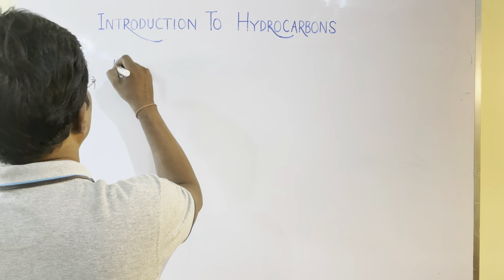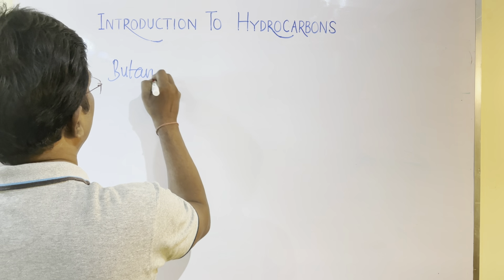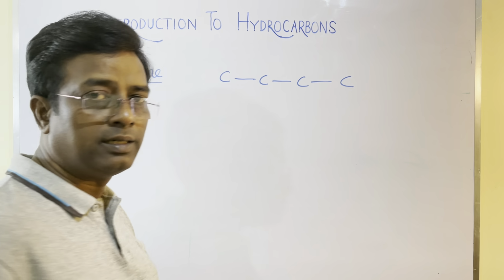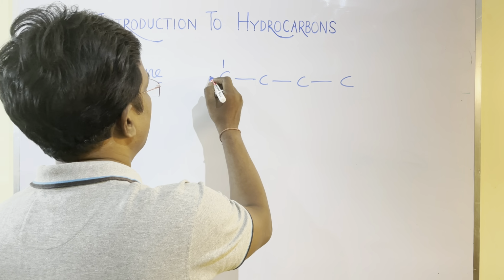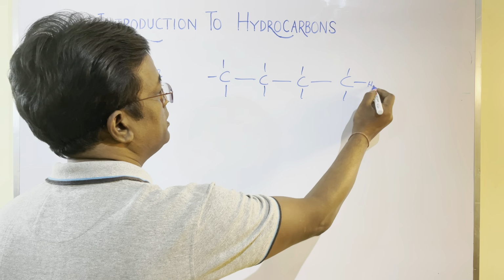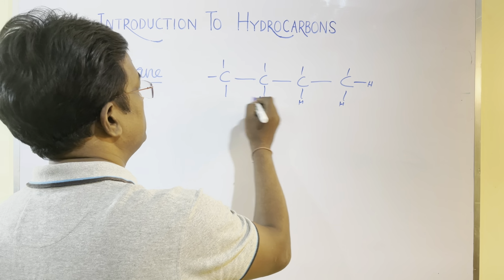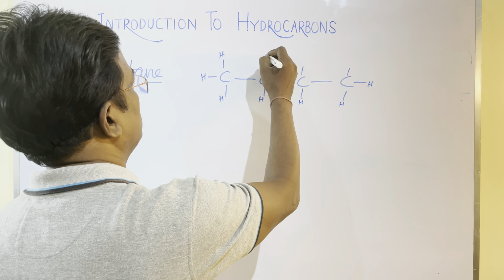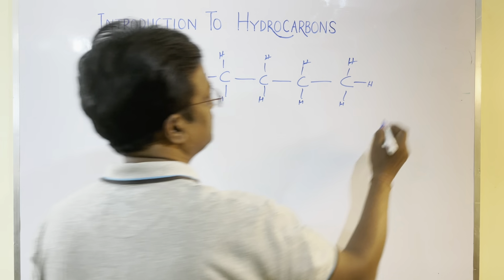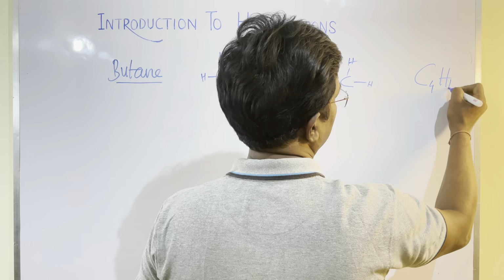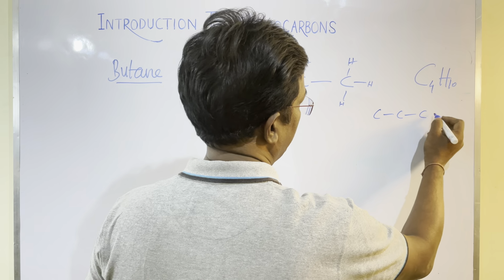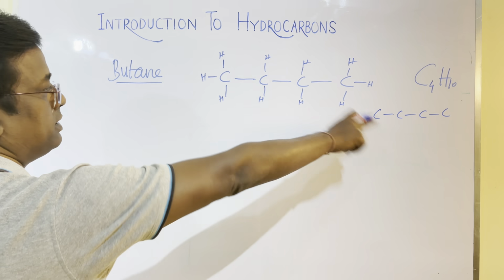Now, say suppose butane, straight chain. We can draw like this: CH3, CH2, CH2, CH3, hydrogens. C4H10, hydrogens are here. Please count. Or you can simply draw the structure also. It means butane, 4 carbon.